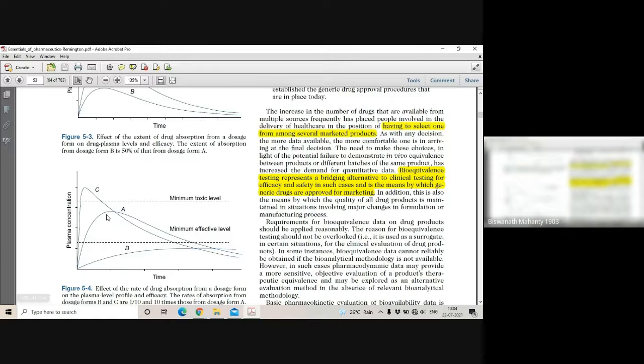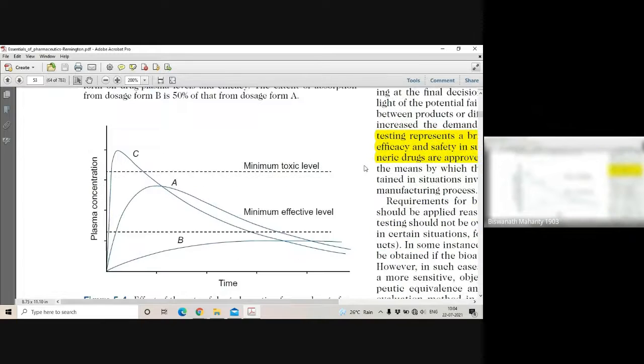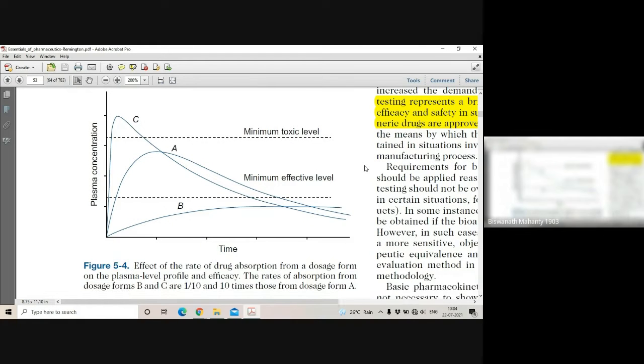This is the case I was trying to say in our last class also. I'm having three formulations, you see, their profiles are all different. Drug A, B, and C, three different formulations, for example. And you see, A, B, and C are totally different. Even if the total area is possibly not the same here, I can see B has a very small height, which is always below the effective level.